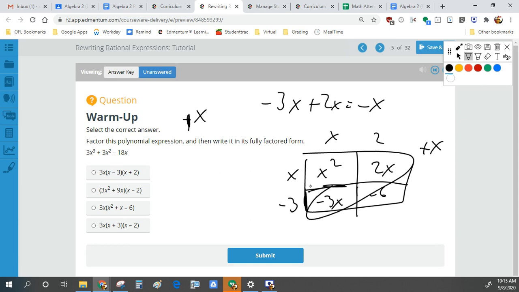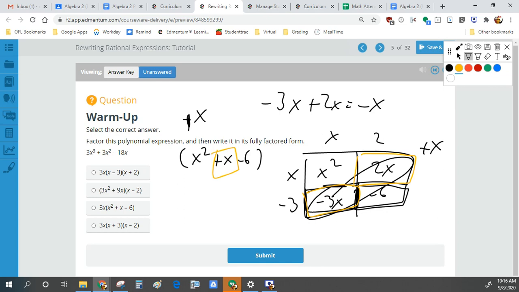So these do not equal that positive x. So you're right, these 2 would satisfy this, but these boxes would not add up to this middle number.